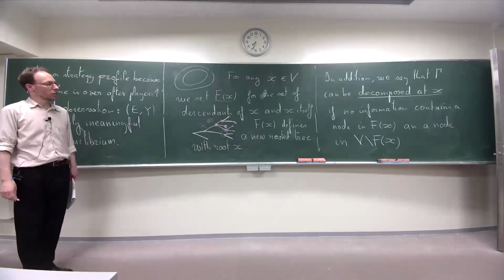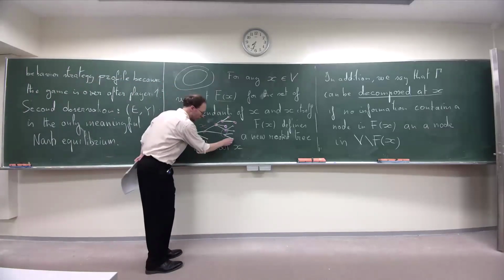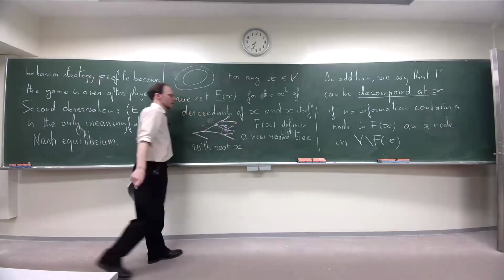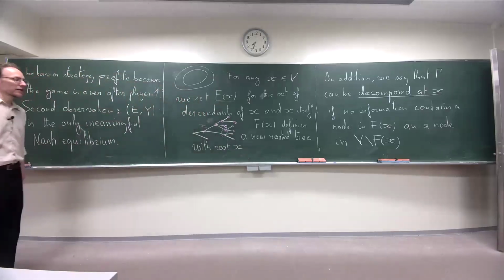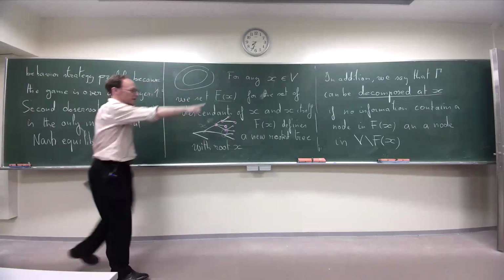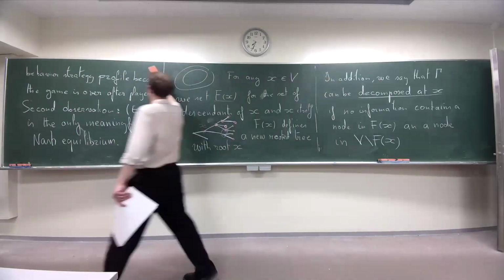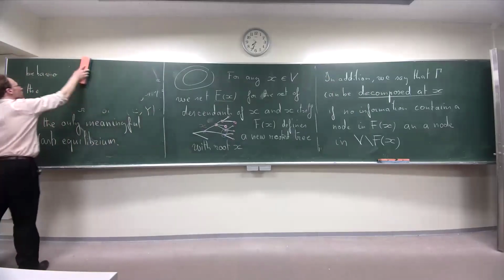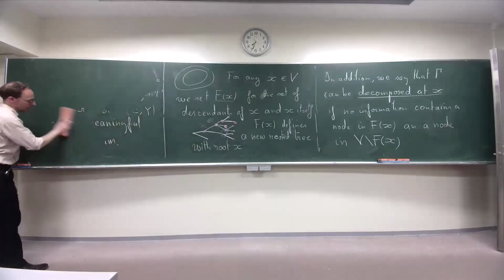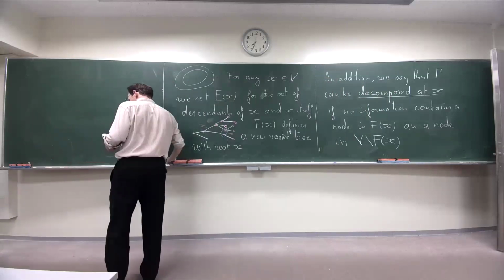It can be decomposed at this x because now if I draw the subtree, it contains the entire information set. Okay, so that's understandable. So I need this condition of compatibility. Because remember, with an information set, you cannot distinguish where you are inside the information set.